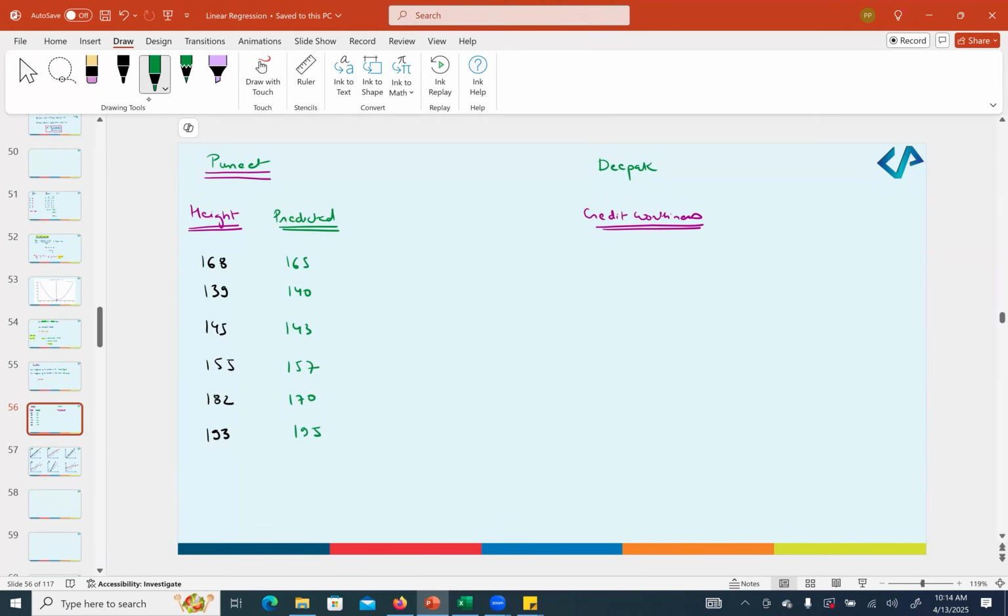On the other hand, the model that Deepak was creating is about credit worthiness, whether I should be giving this person the loan or not. Let's say there are different customers.